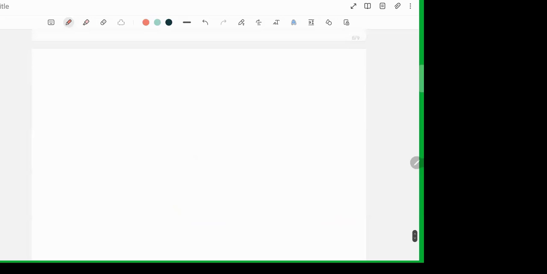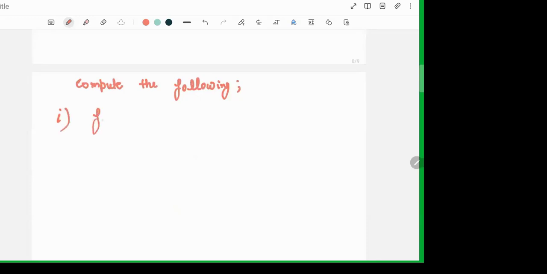So this problem is saying compute the following. First one, find the smallest subgroup.